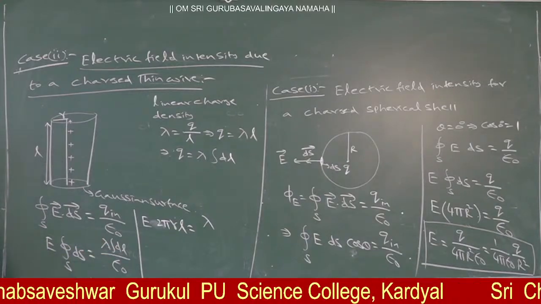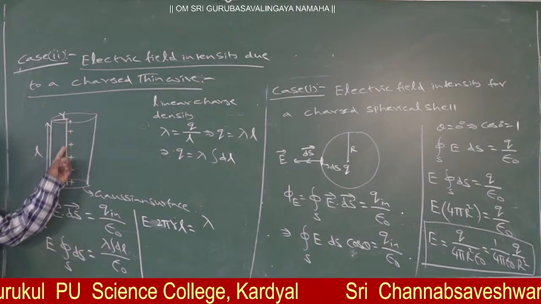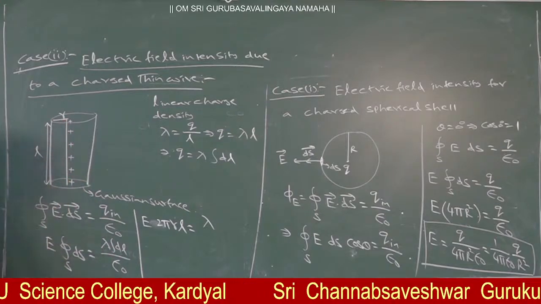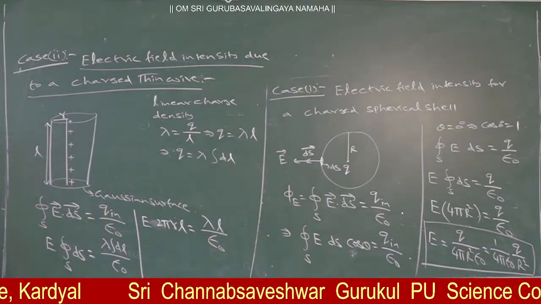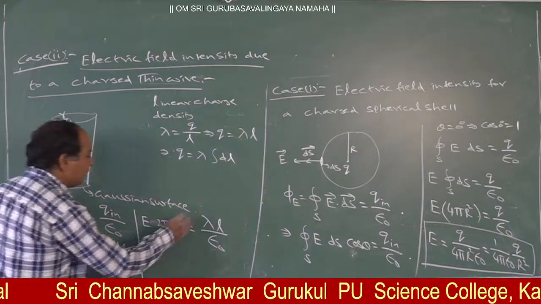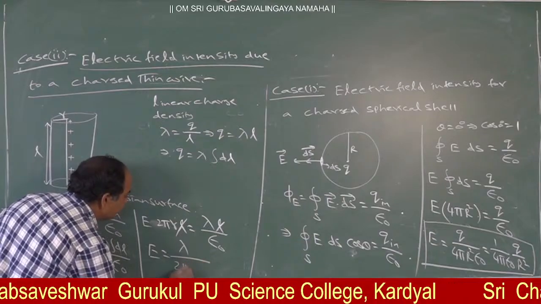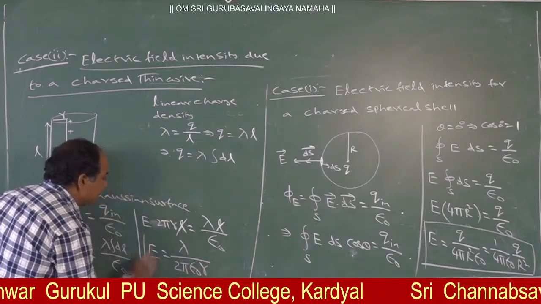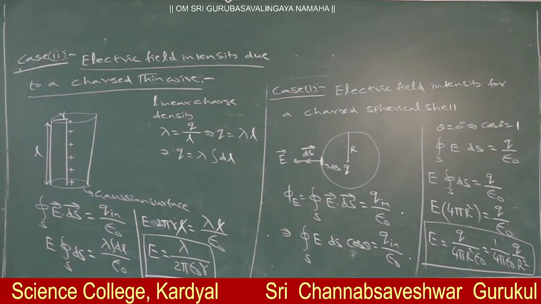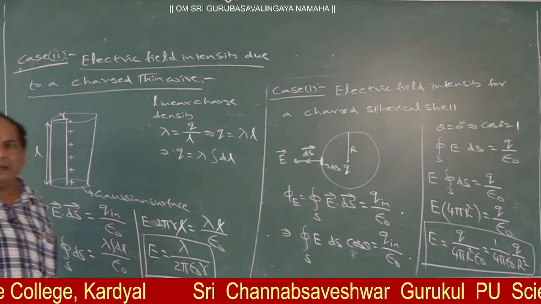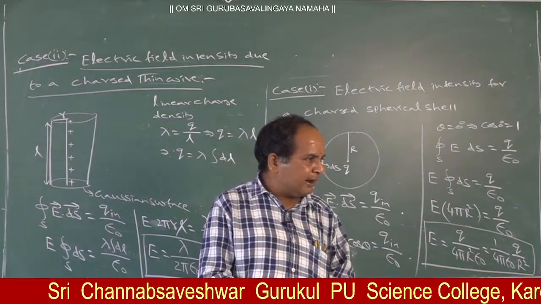Integral dl means L, because the charge is along the length L. So lambda into L by epsilon naught. L and L cancel, so E is equal to lambda by 2 pi epsilon naught R. This is the expression for electric field.